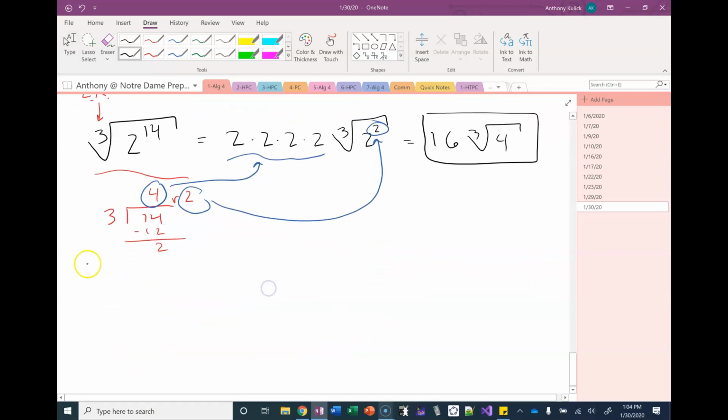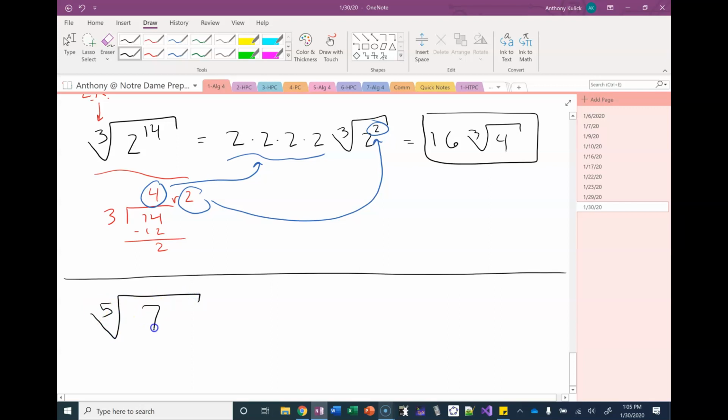Let's do another. Is this starting to feel familiar? Yeah, it's better. So we have the 5th root of 7 to the 12th. What's the exchange rate here? 5.